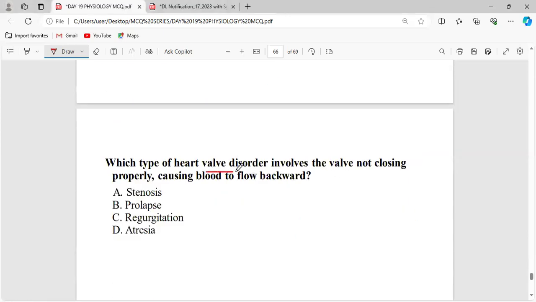And which type of heart valve disorder involves the valve not closing properly, causing the blood to flow backward?